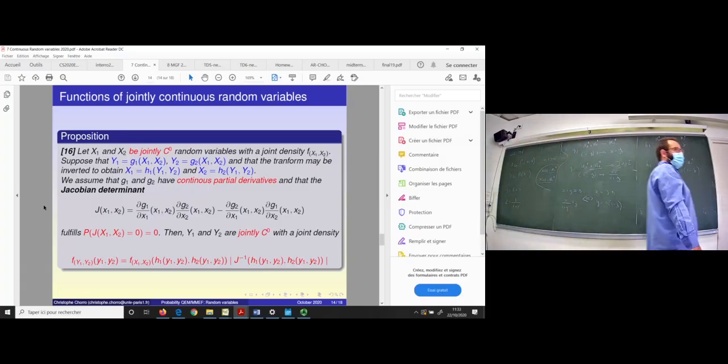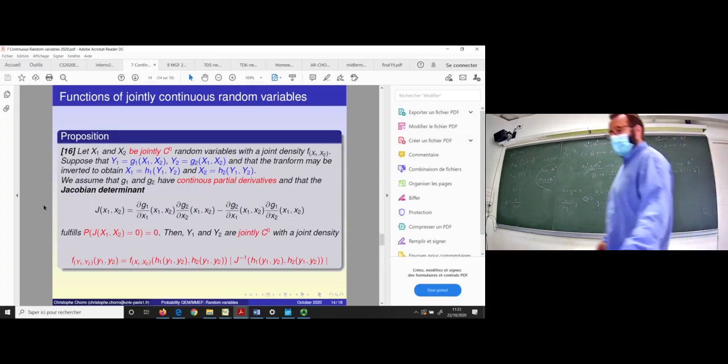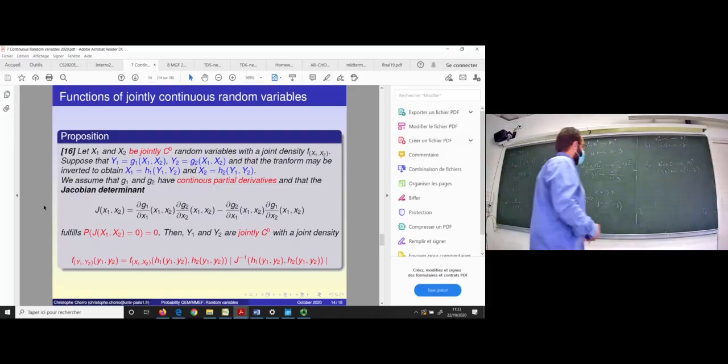They will be continuous because they are classical mappings. This one because it is a polynomial, and this one because it is a ratio where the denominator is never equal to 0, because x and y are strictly positive. So they are as I want, because of their form.